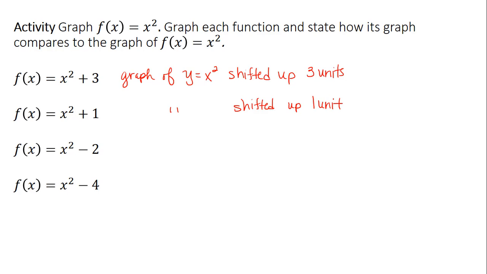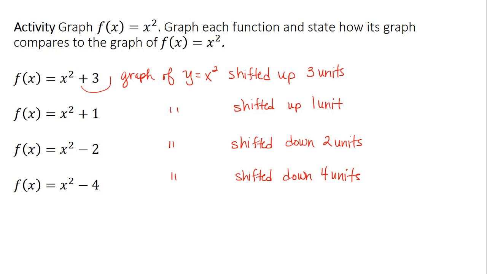Y equals x squared minus 2 is a graph of y equals x squared shifted down 2 units. And y equals x squared minus 4 is a graph of y equals x squared shifted down 4 units. So this outside change tells me how the graph will shift up or down.